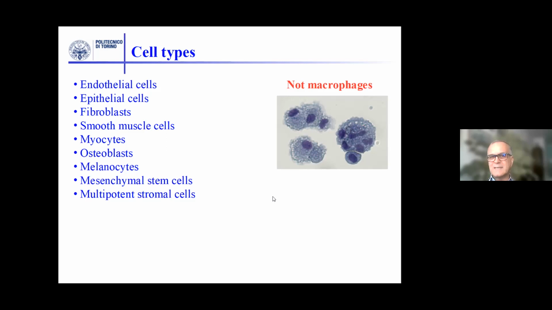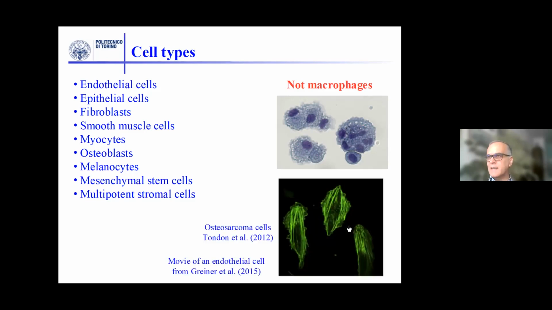Endothelial cells adhere to the extracellular matrix and so on. They have strong adhesion bonds and a strong cytoskeleton. And in fact, this is what you see if you put in evidence the cytoskeleton. You have the formation of this structure. They are called stress fibers.